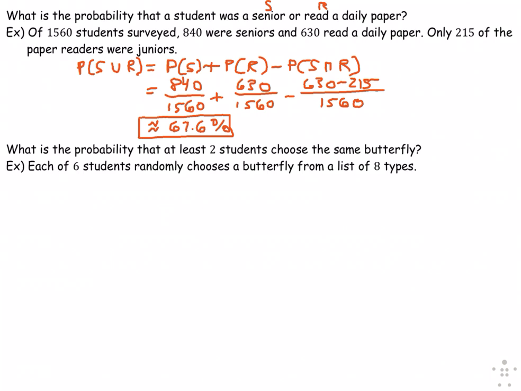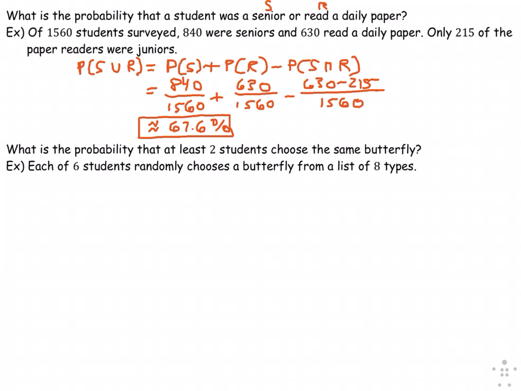The last example requires us to be smart in our use of the complement. Consider directly calculating the probability that at least 2 students choose the same butterfly out of 6 students from a list of 8 butterfly types. So that would mean we would need to find the probability of 2 students choosing the same butterfly, plus the probability of 3 students choosing the same butterfly, plus the probability of 4, 5, 6, all the way up to the probability of all 6 students choosing the same butterfly.